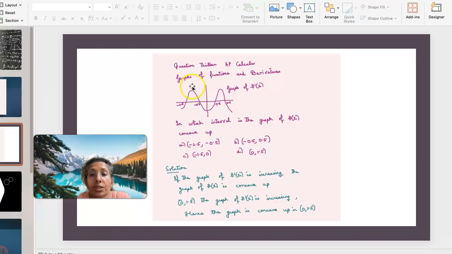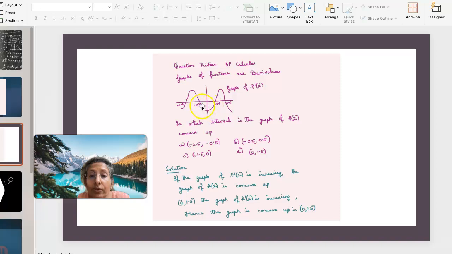Now question 13 is again on graphs of functions and derivatives. You are given this figure here. In which interval is the graph of f(x) concave up? Now if the graph of f'(x) is increasing, the graph of f(x) is concave up. So the interval minus 2.5 to minus 0.5, it's increasing and then decreasing.